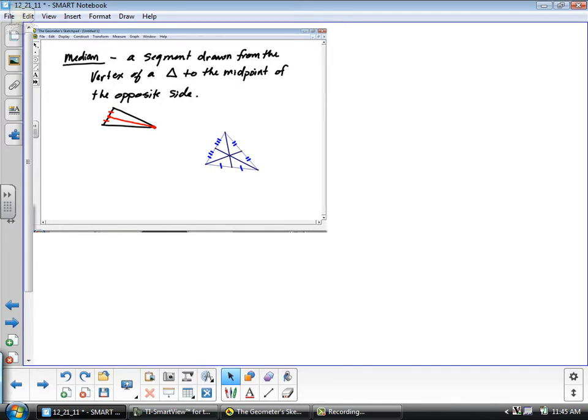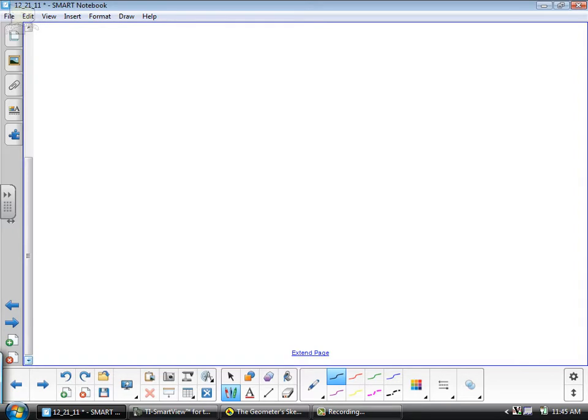So that's a median. The next one we're going to look at is an altitude. An altitude is drawn from a vertex perpendicular to the opposite side.